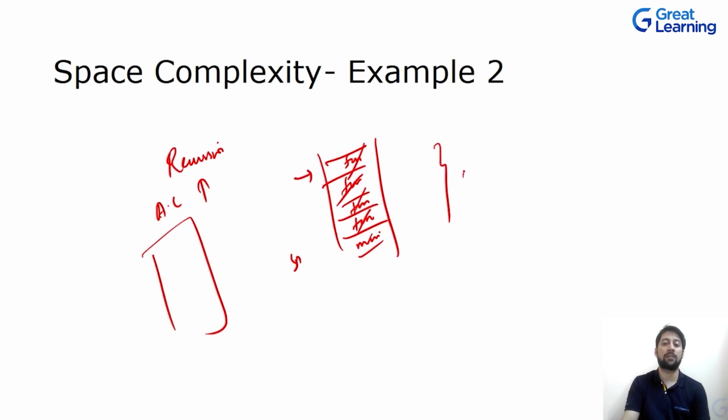So internally you are using extra memory, and it depends from program to program whether you are using big O of n or log n space. But internally recursion uses extra memory, an auxiliary memory, while you are using recursion.